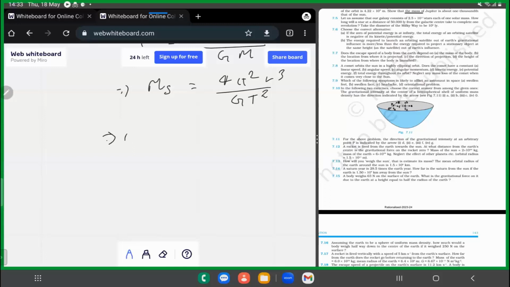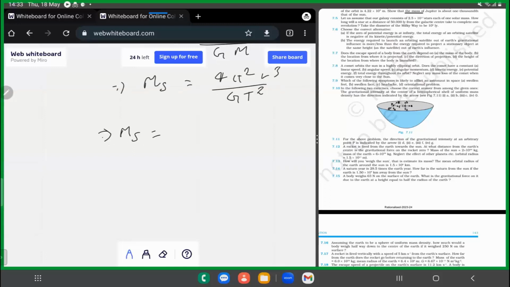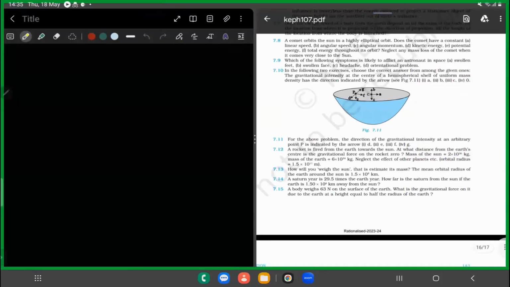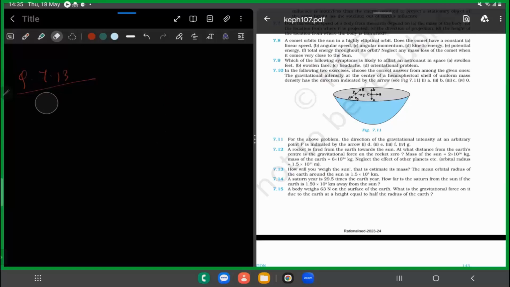So we can find the mass of the sun. Let me open another text editor to solve the question, because this is creating a lot of problems here. We'll be solving the question here now, because the whiteboard was lagging a lot. Like in the previous part that we derived, M equals 4 pi square R cube by T square.